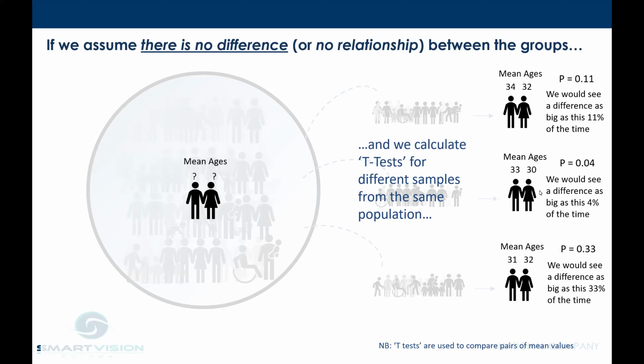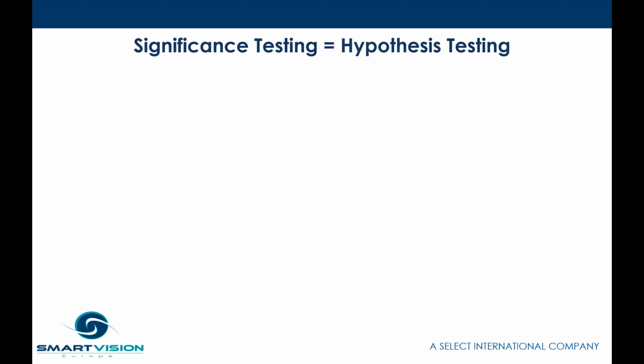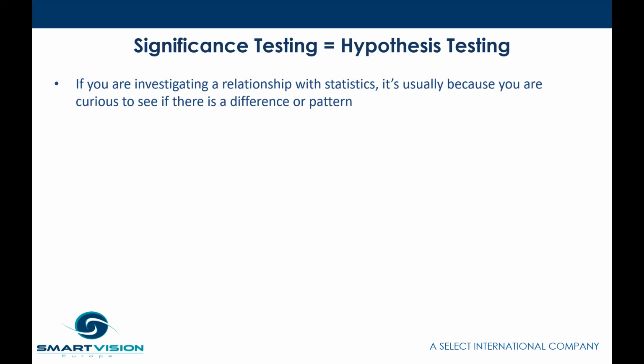So we're walking up to the concept of what we conclude from these p-values. At what point do we say, oh, this is, to use the dreadful term, significant? Well, the thing is that significance testing is associated with what's called hypothesis testing.